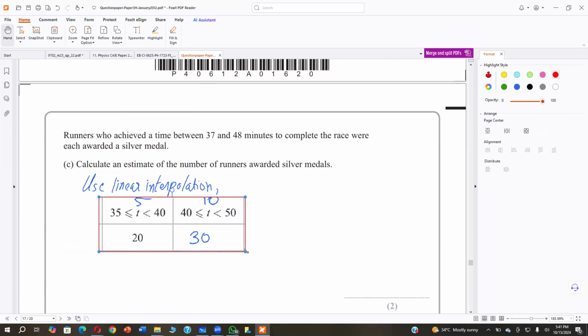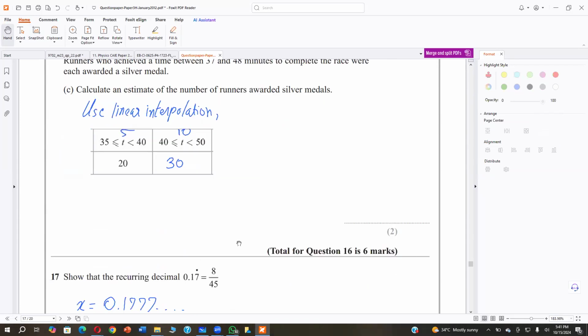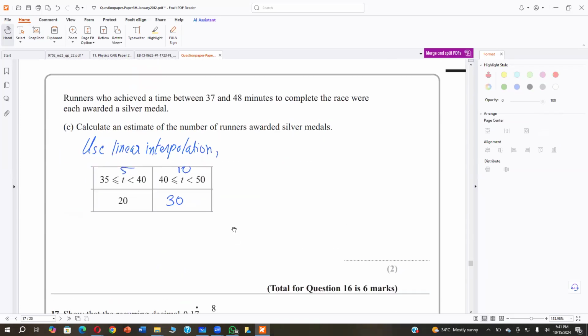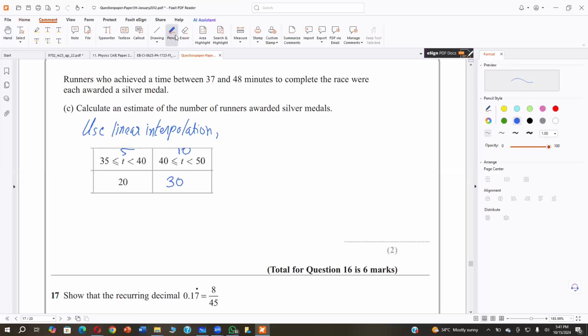Because we have these two intervals in our focus and we need linear interpolation. We need to make a new interval 37 to 48. So as discussed in the plan, we should first make an interval 37 to 40.